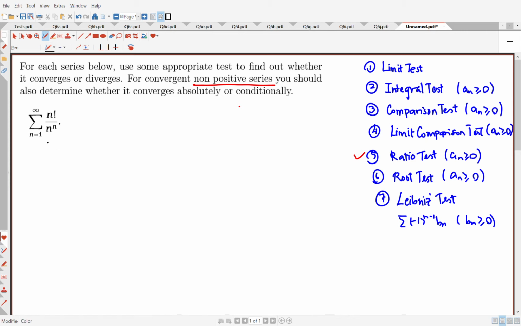So we consider L, which is the limit as n tends to infinity of a_{n+1} over a_n, where a_n is just n factorial divided by n power n.